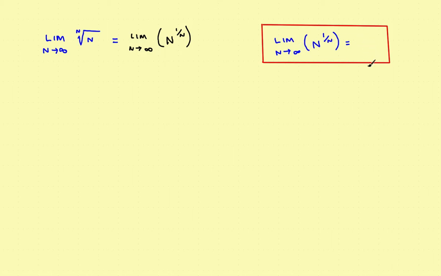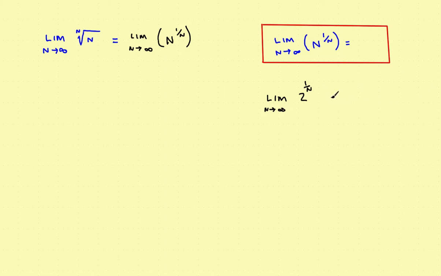You can get a little bit of an example if you have something that looks like this. Suppose you wanted to find the limit, and suppose I had something like 2 to the 1 over n power. If the base is a constant, then this is actually pretty easy.